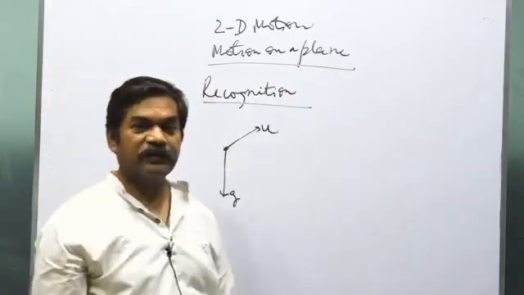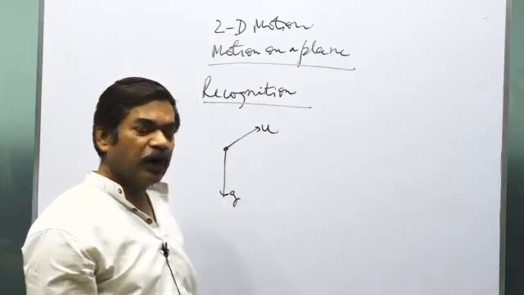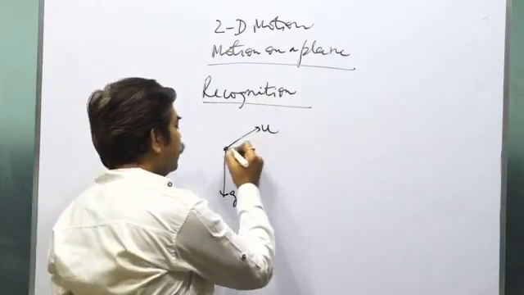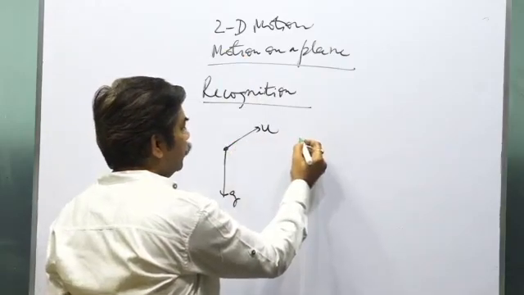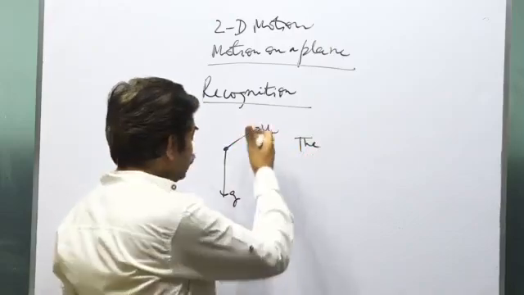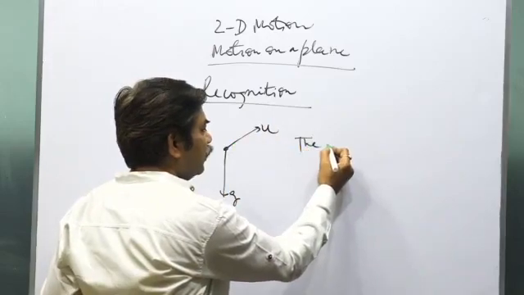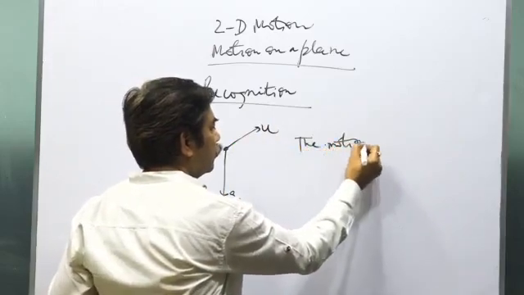So we will say that it's a 2D motion, and in all such cases, the path of the particle will always be a curved path. The moment you get that initial velocity and acceleration are not along one line, you can immediately conclude that the motion will be along a curved path.